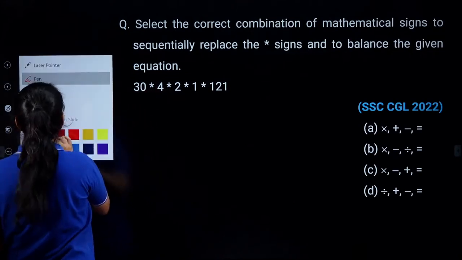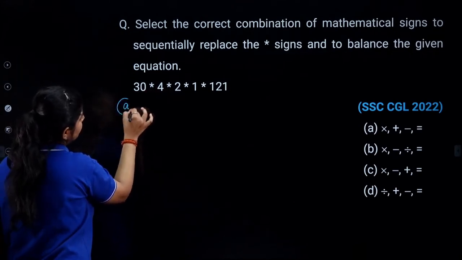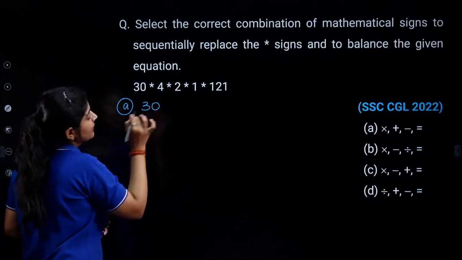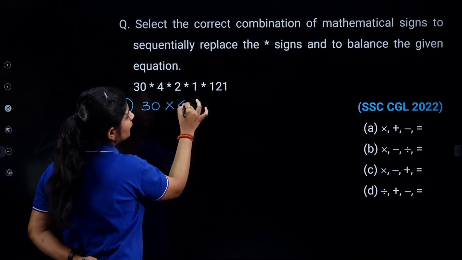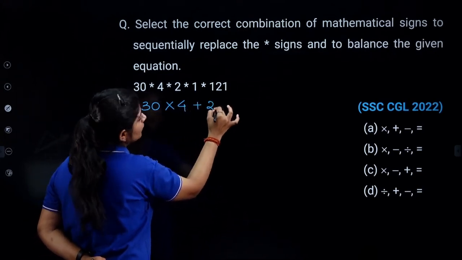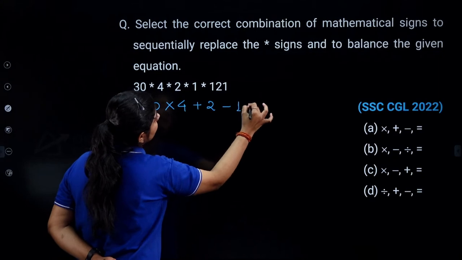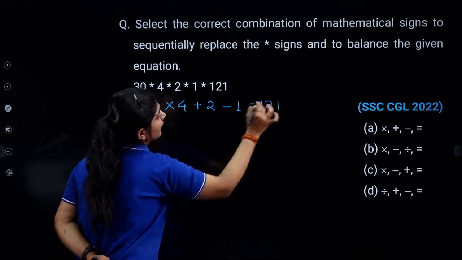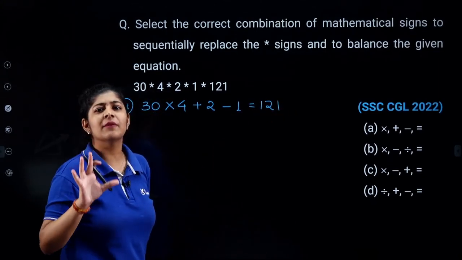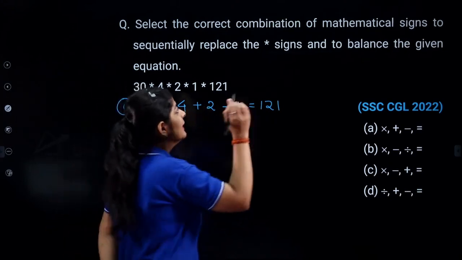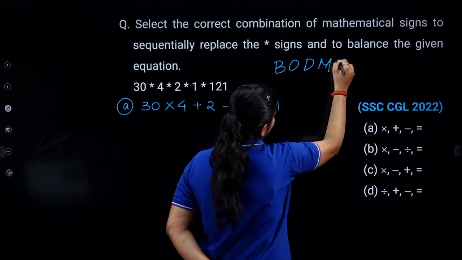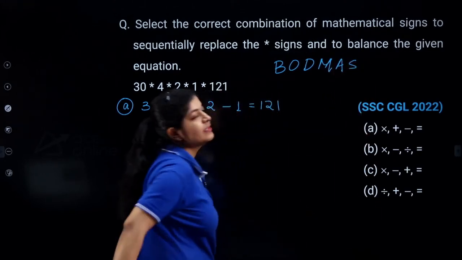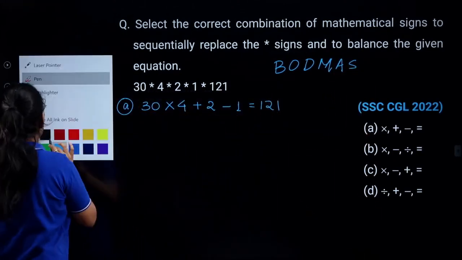I'll go with option number A first. Just put the signs carefully. 30 into 4 plus 2 minus 1 is equal to 121. We just simply need to check whether it is correct or not by taking care of the rule of BODMAS.